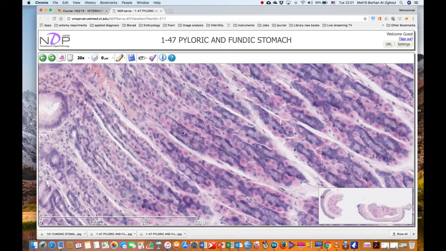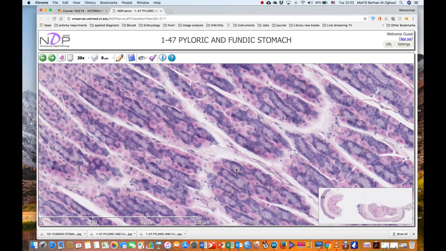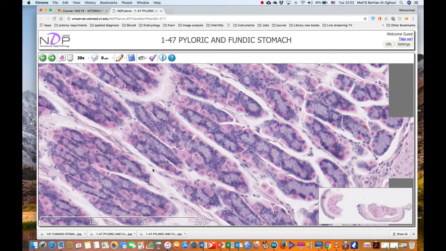These cells are called parietal cells, whereas these cells are called the chief cells. Chief cell is responsible for production of pepsinogen, whereas the parietal cell is responsible for production of hydrochloric acid. Again, we can see here this is the gastric gland, and the cells found in the periphery, all of these cells are the parietal cells.